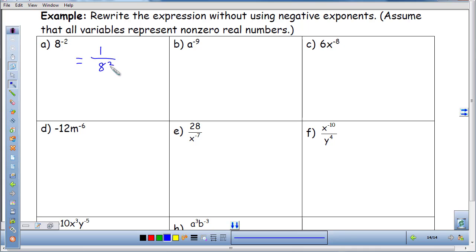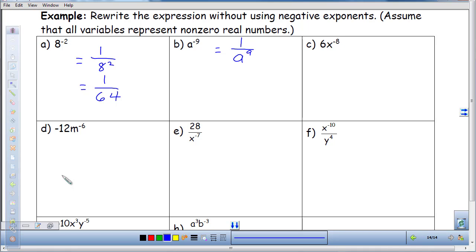Okay, that gets rid of the negative exponent for me. And then we can go on and say that this is 1 over 64. A to the negative 9 is going to be 1 over a to the 9th. That's it. We prefer to leave it with positive exponents, so we're just starting kind of light here.